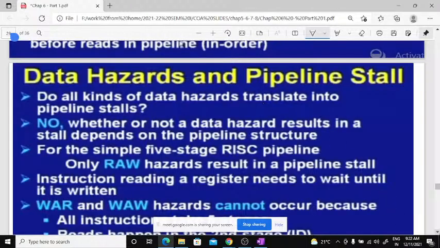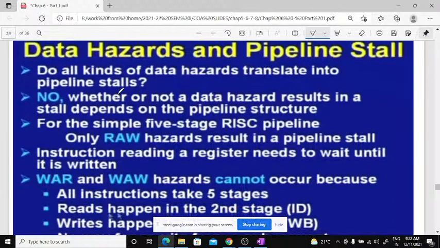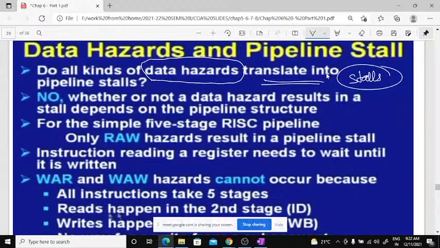So data hazards and pipeline stall. Do all kinds of data hazards translate into pipeline stalls? We just discussed the different types of data hazards. Do all of them translate into stalls? No. Whether or not a data hazard results in a stall depends upon the pipeline architecture.